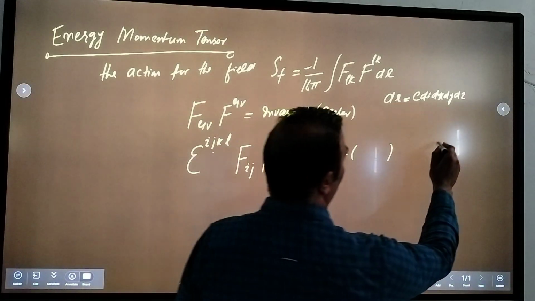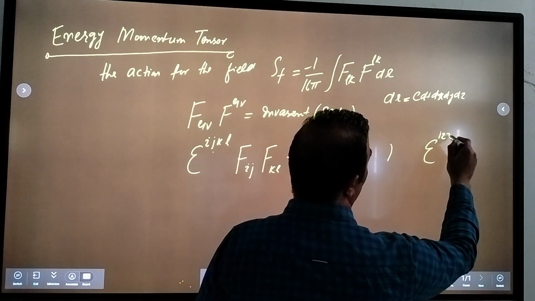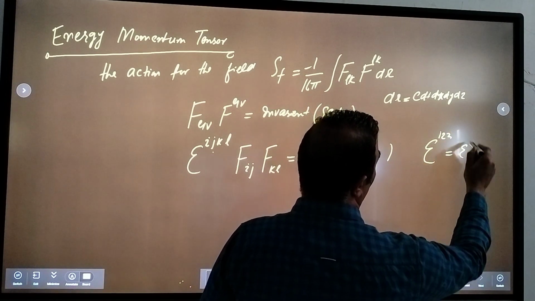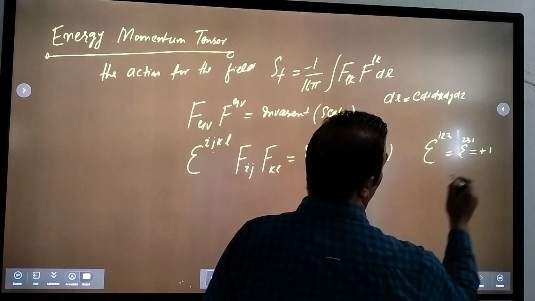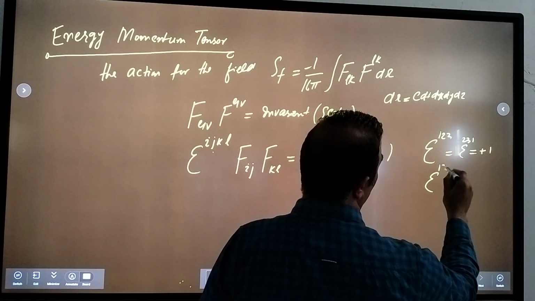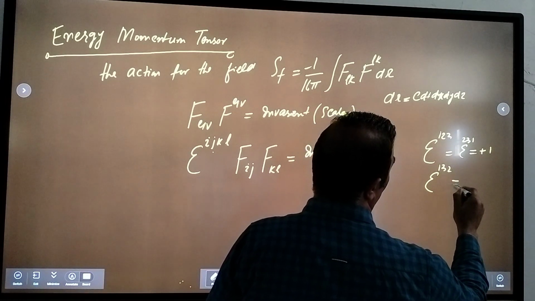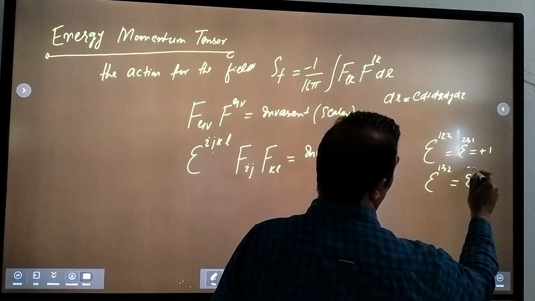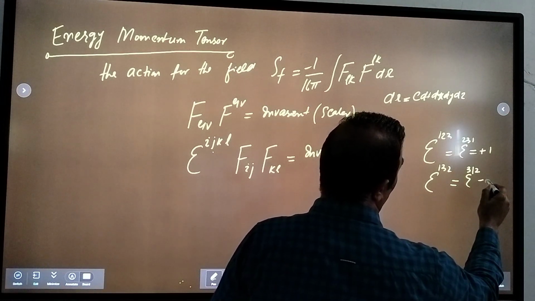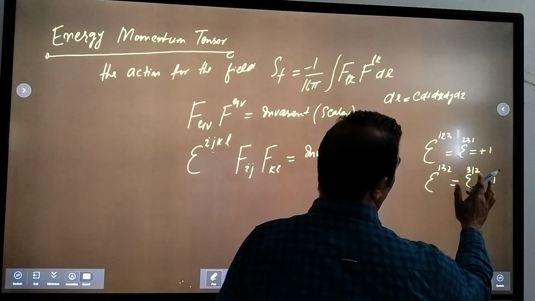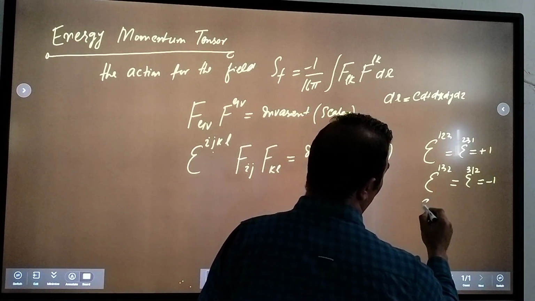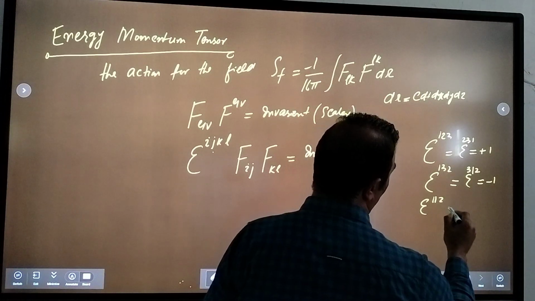Because we know that epsilon 1, 2, 3 equals epsilon 2, 3, 1, that is plus. And epsilon 1, 3, 2 equals epsilon 3, 1, 2, that is minus. And epsilon 1, 1, 2 will be equal to 0.